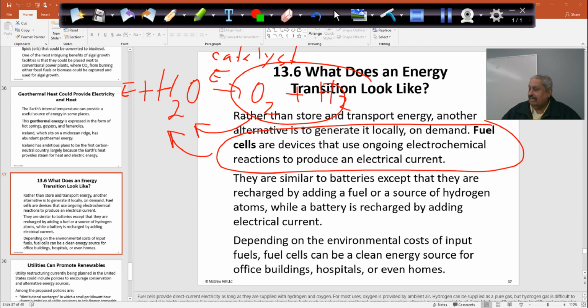But I think they get around it. A small amount of hydrogen, even if it leaks, will not be that much, unless you have a very big mishap, then yes, it's very dangerous. So they are smaller batteries, except that they are recharged by adding a fuel or source of hydrogen atoms. Did I say hydrogen? Yes, it comes from tap water.